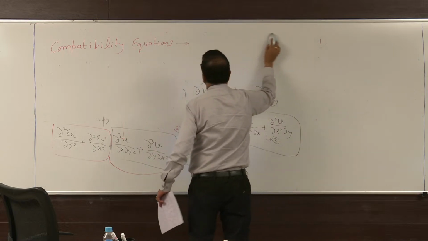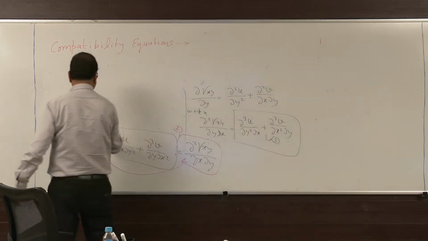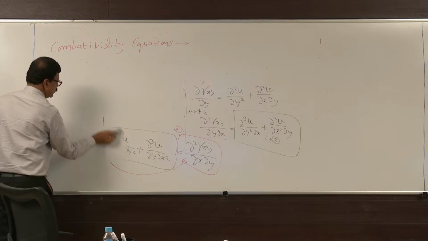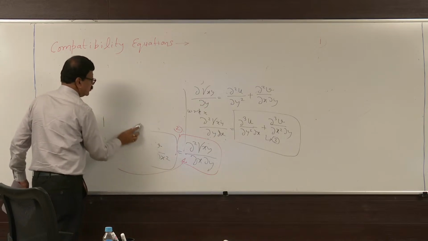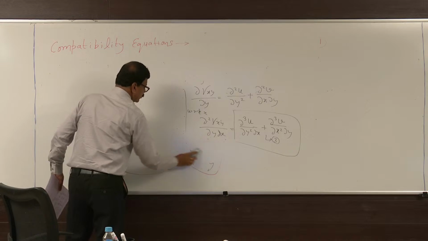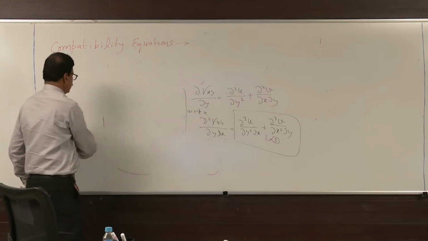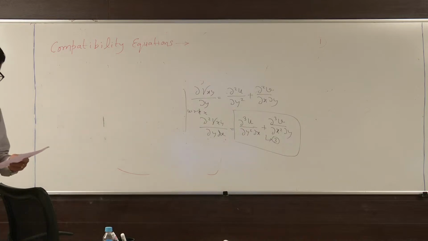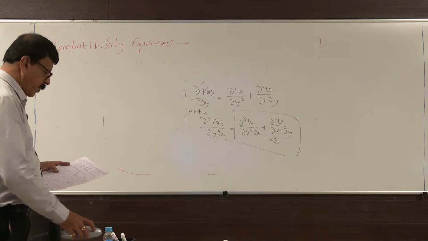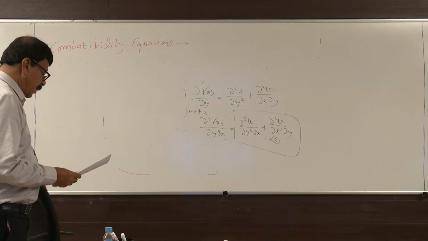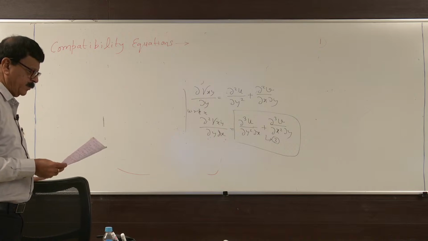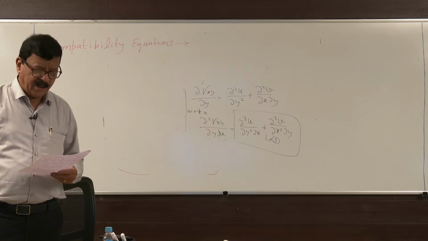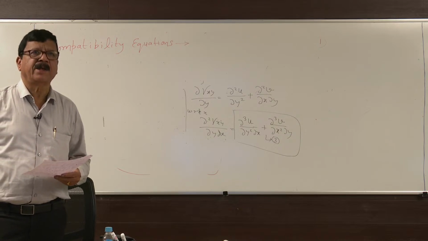Equation number you must write, 21 it was. You write down one line: this differential relation is called condition of compatibility.